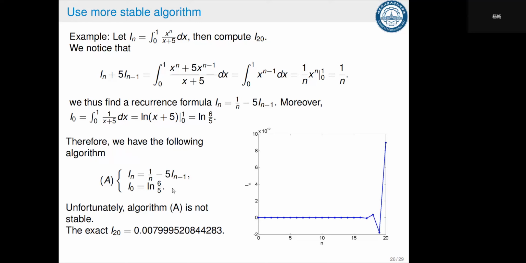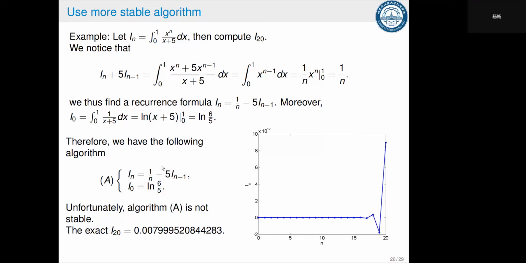In each iteration you just compute one division, one subtraction, and one multiplication. So you take just 3 operations, and after 20 iterations, that is 60 operations in total.